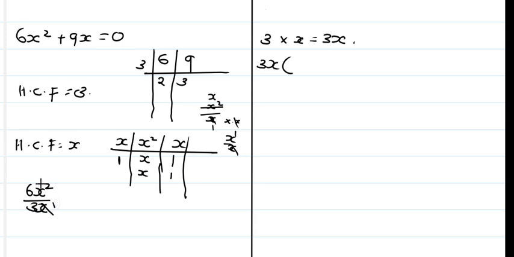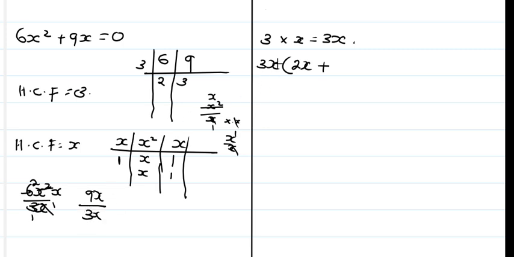One x cancels, and since there were two, one x remains. Then 6 divided by 3 is 2. So it becomes 2x. If you take 3x multiplied by 2x, 3 times 2 is 6, and x times x is x squared, so it goes back to 6x squared.